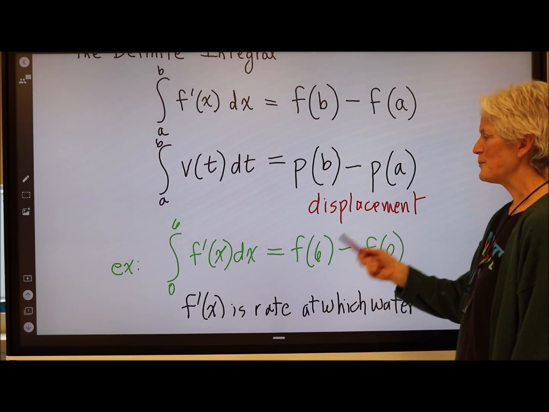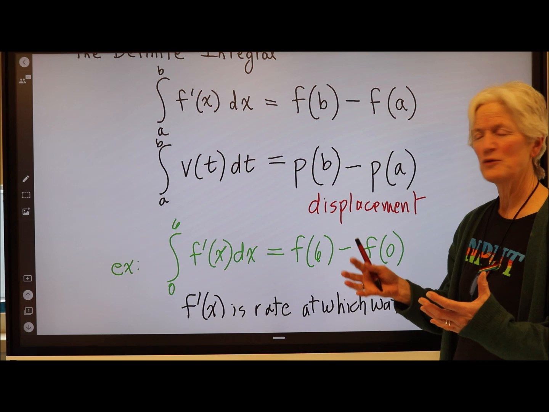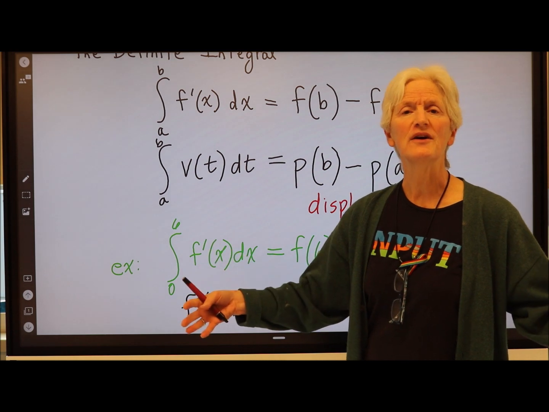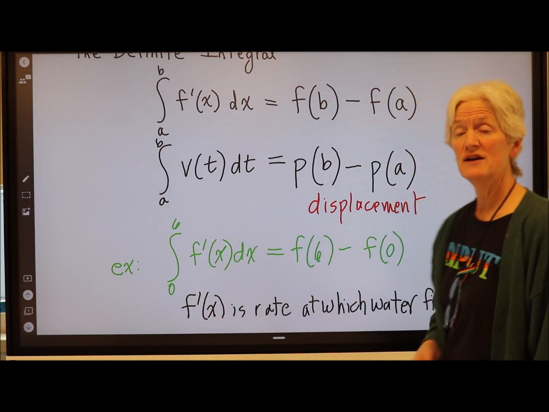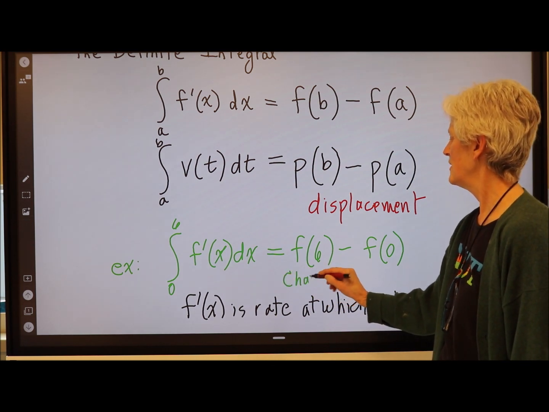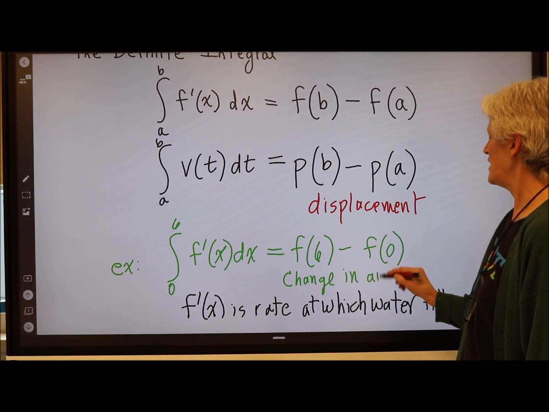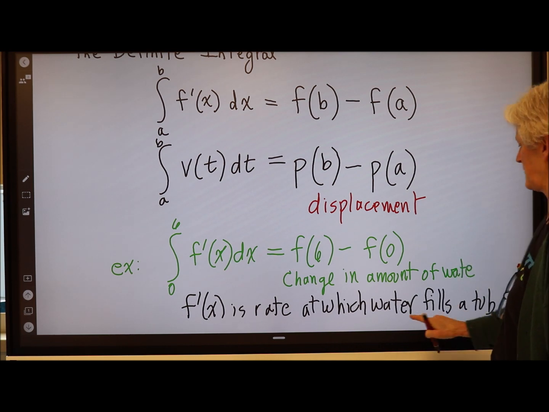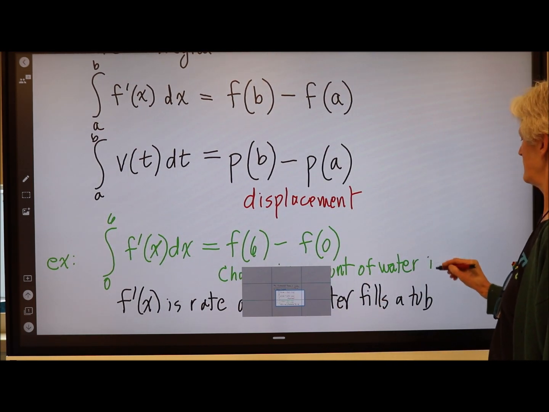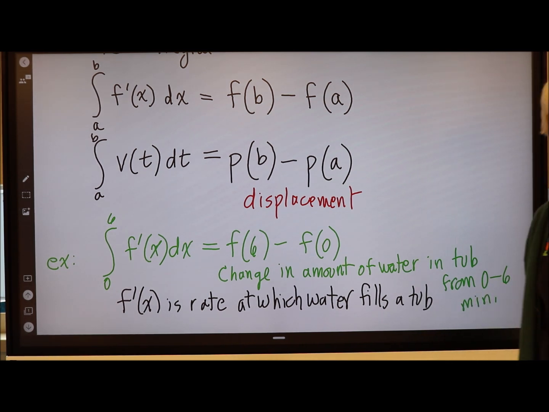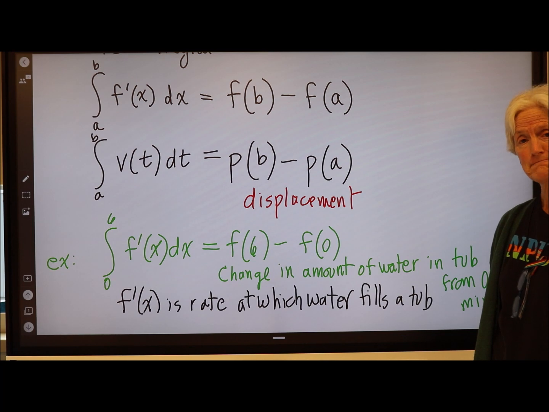So what would this represent? Displacement isn't quite the right word, but this would represent the change in the amount of water in the tub over the time period 0 to 6 minutes.